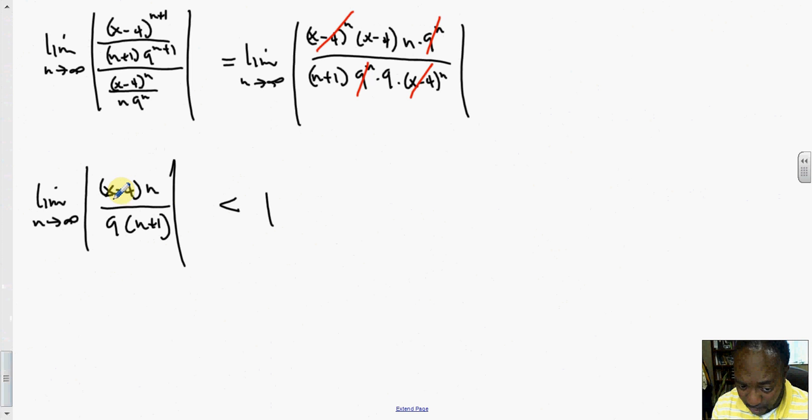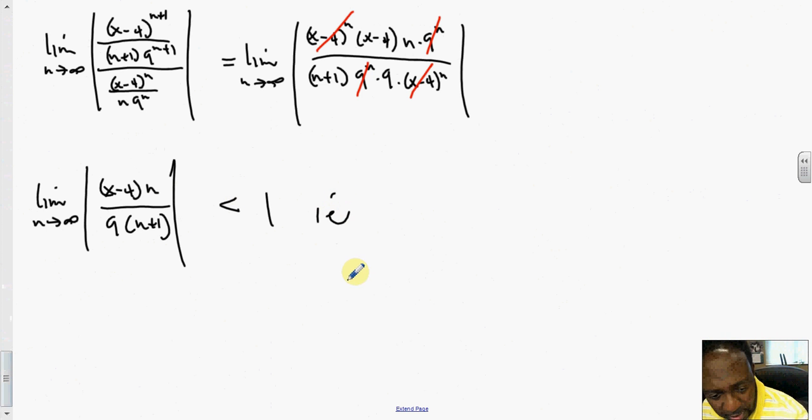You got this x minus 4. You got this divided by 9, right? So for convergence, for the ratio test, we say less than 1. Because if this was just n up top and there was no n plus 1 down there, this limit would go to infinity. I couldn't say less than 1. All right.